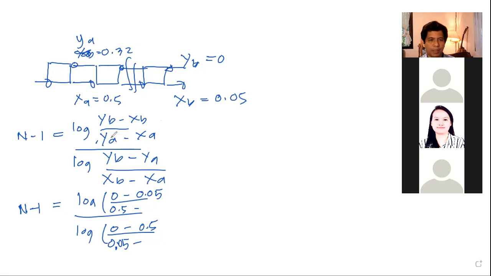This is Y sub A, 0.32. Pakipalitan. Itong sa baba is 0.32. YB minus XB sa ilalim, YA. This is 0.32. Okay, and then finally this one is XA. So XA is 0.5.